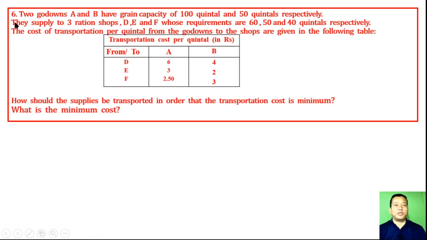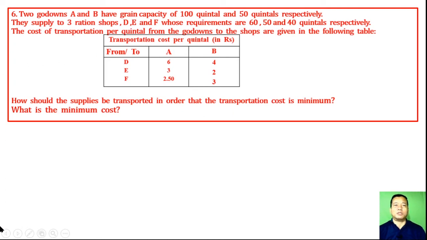For question number 6, two godowns A and B have grain capacity of 100 quintals and 50 quintals respectively. They supply to three ration shops D, E and F whose requirements are 60, 50, 40 quintals respectively.